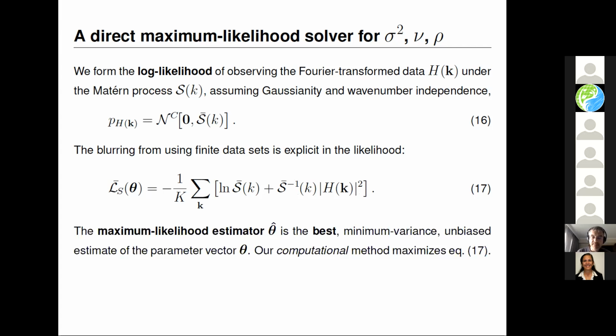And that's the quantity that we will be optimizing, and theta hat is the best minimum variance unbiased estimate of this parameter vector. I'm going to talk about the computation. So equation 17 is really what we'll be doing for our estimation.